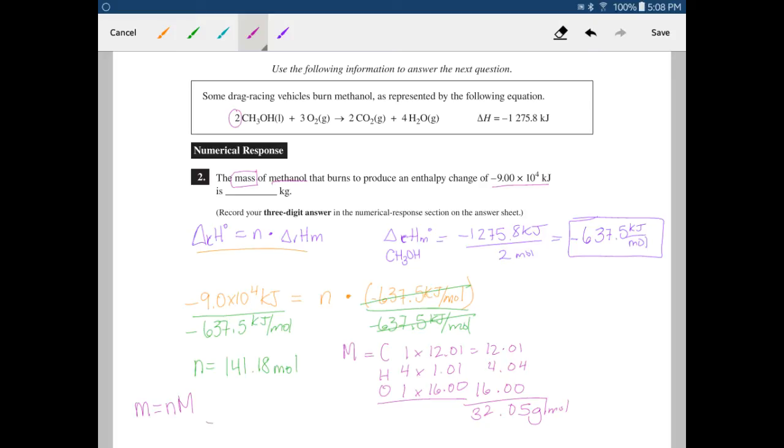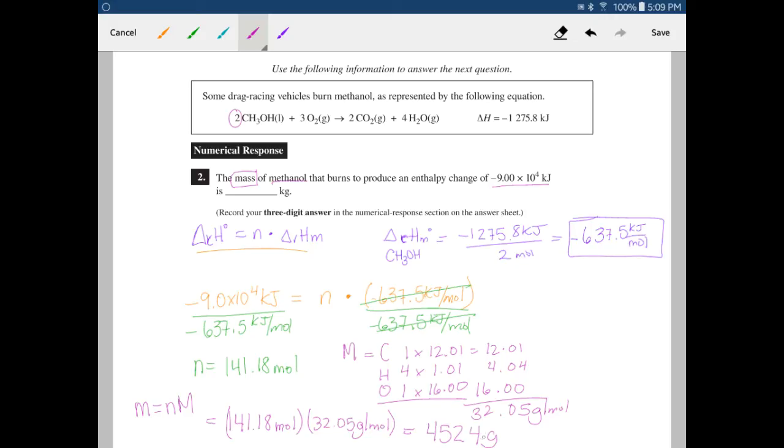So when I do this calculation, I have my 141.18 moles times my molar mass of 32.05. Okay, I get a value of 4,524 grams.